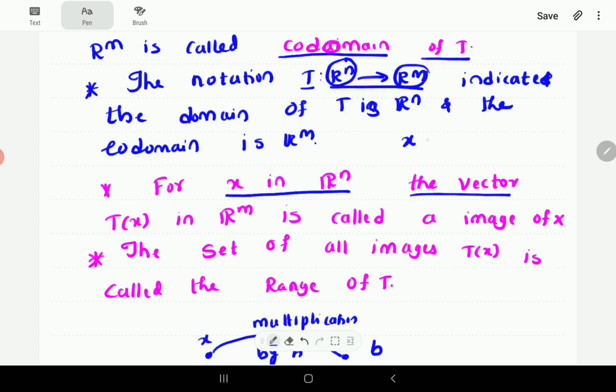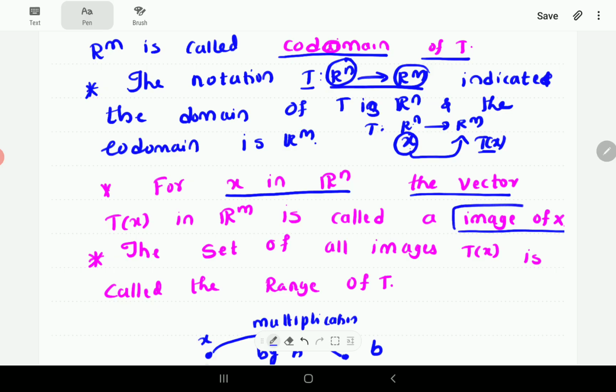Now, for x in Rn, after transforming it into Rm, we get T of x. So for x in Rn, the vector T of x in Rm is called the image of x.